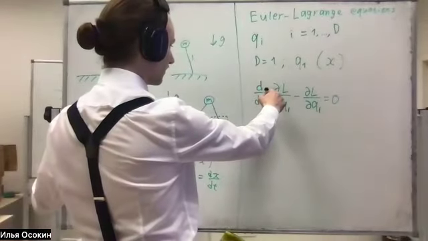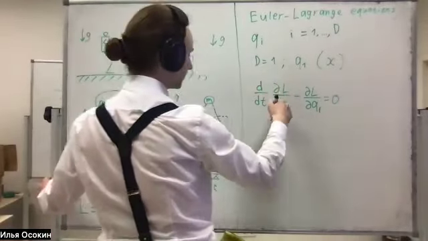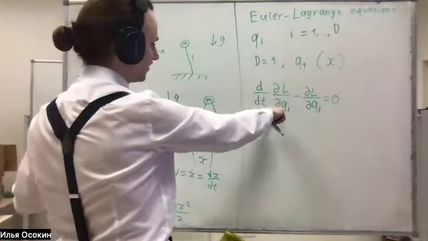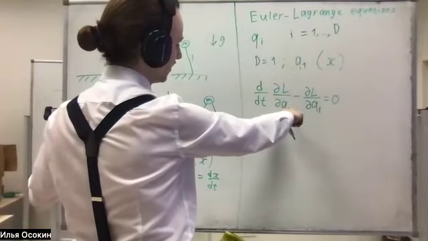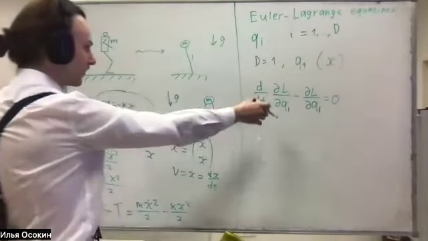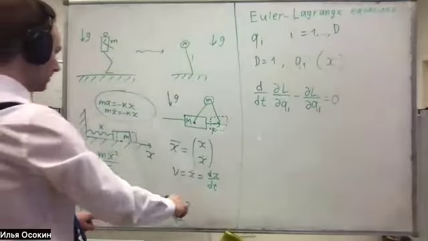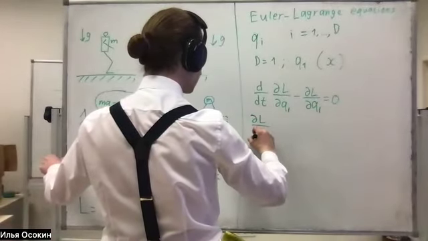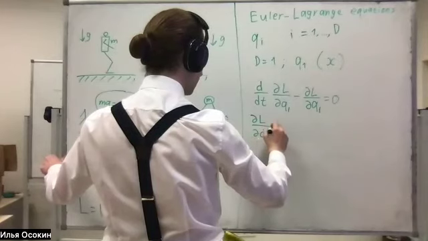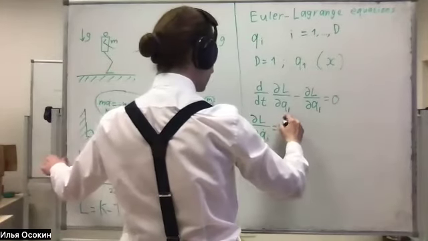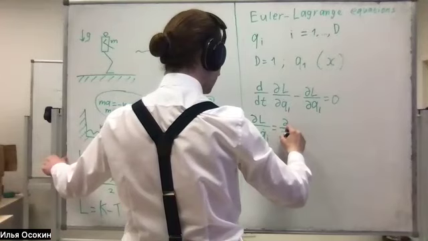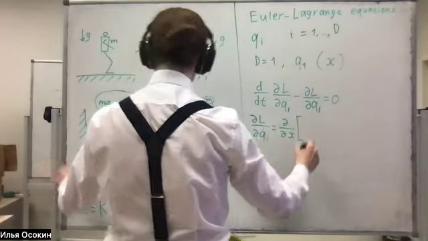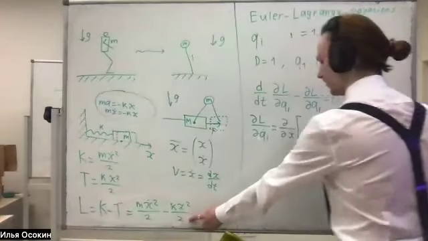The partial derivative, partial L, partial q i dot, this differential, let me write it down, is d by dx dot of the Lagrangian, which is here.